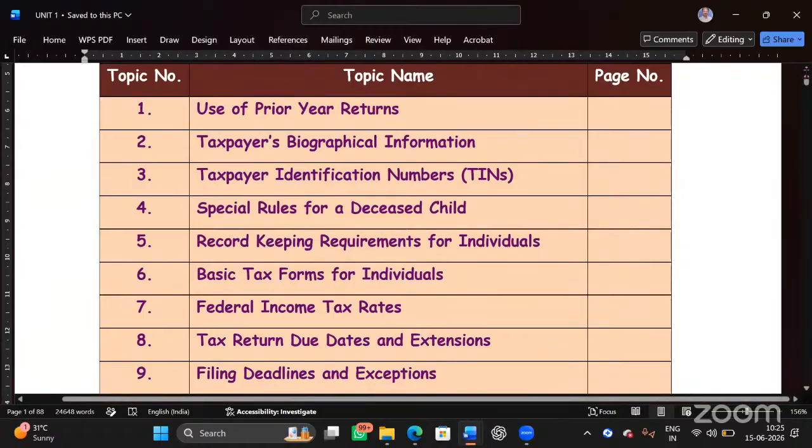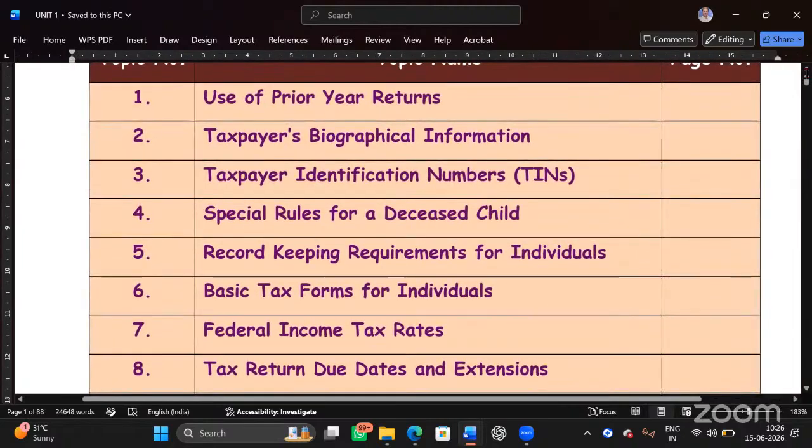That number is being issued not by the income tax department, that is a separate department. That social security number will be used by any department and every department, including income tax department. So, for identification of the taxpayer, this is playing a vital role. What is the meaning of the social security number will be covered in this part clearly.